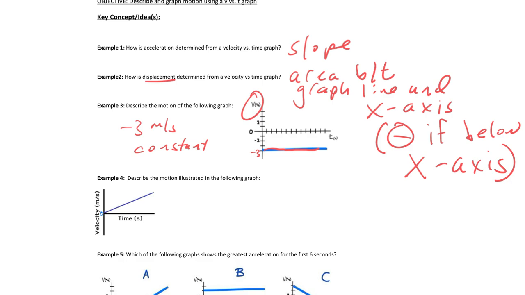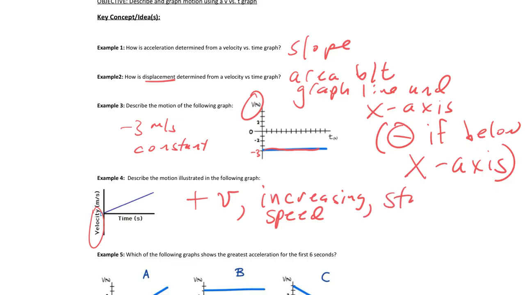Describe motion. This is a v versus t graph. It's positive velocity, increasing speed. I can say it starts from rest because it started with 0 velocity on the 0 mark.